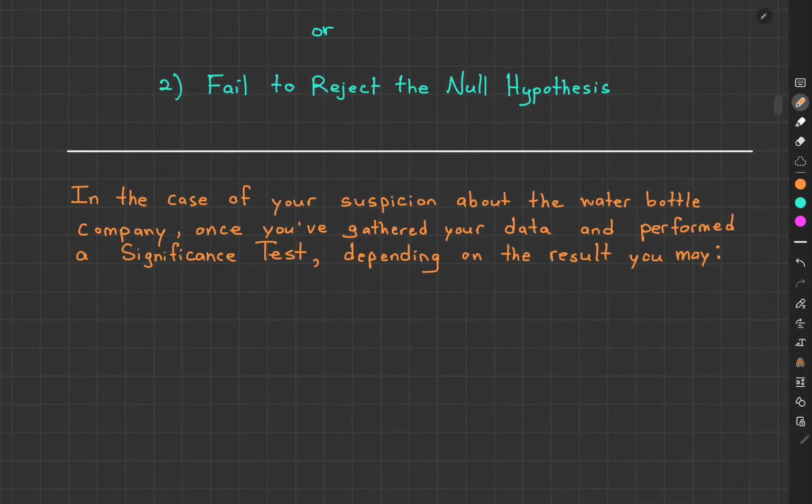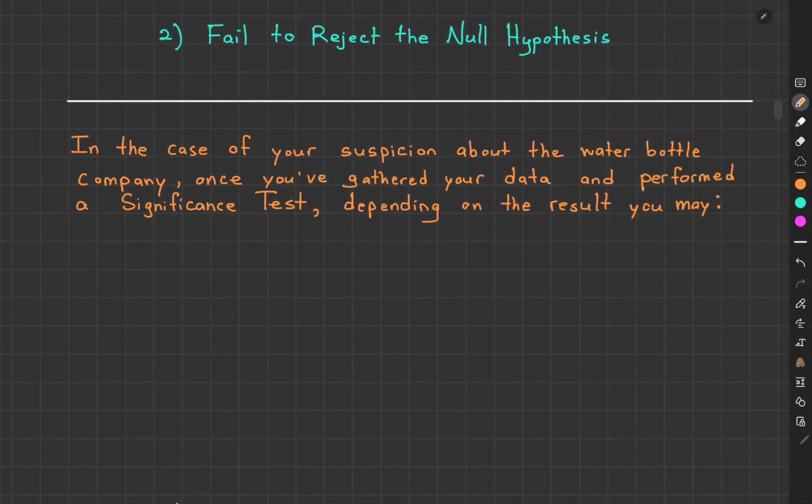Okay. So if we go back to our case of the suspicion about the water bottle company, once we've gathered our data and performed a significance test, depending on the result, we might have two outcomes. Number one, we reject the claim or the idea that there are 16.9 fluid ounces on average in each bottle.